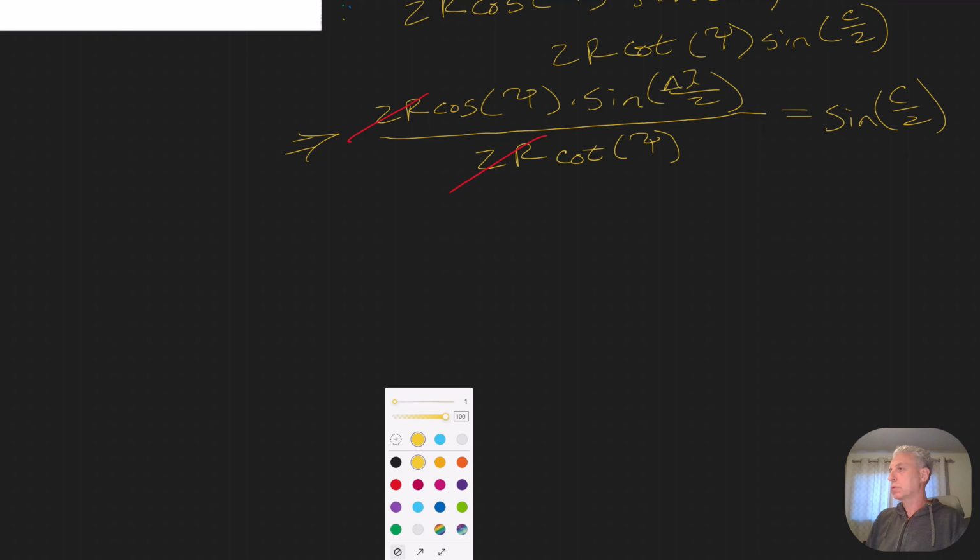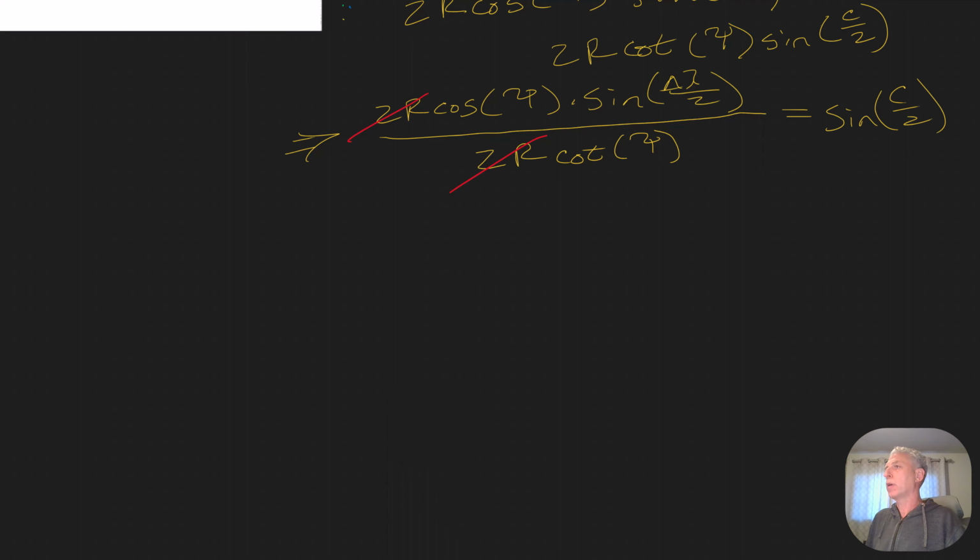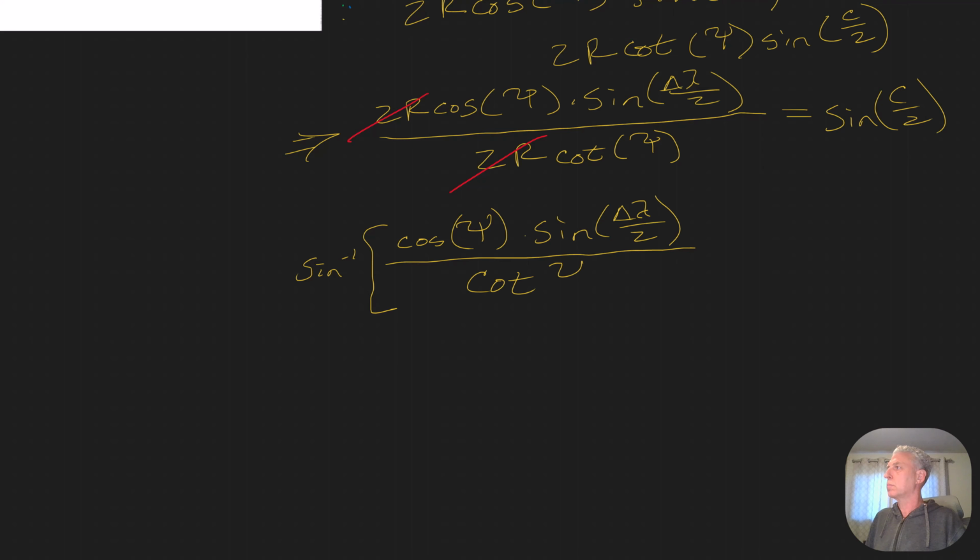Move that up a bit so I can do this. And we have the arc sine of that first mess, the cosine of psi times the sine of delta lambda, change in longitude over 2, all over the cotangent of psi. I hope you're solving this with me, so if I make any mistakes, you can correct yourself or correct me.